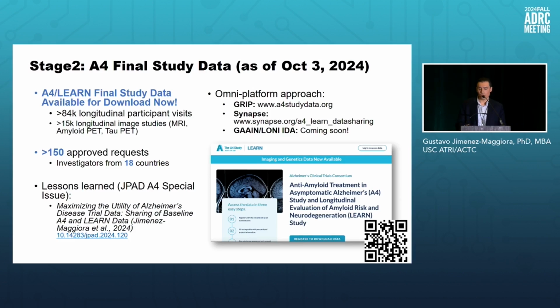And again, to further document our learnings, we've also taken the opportunity to develop a manuscript which was part of an A4 special issue in the Journal of Prevention of Alzheimer's Disease. I invite everyone to access this QR code if you'd like to, again, submit a request for access to the full data set.